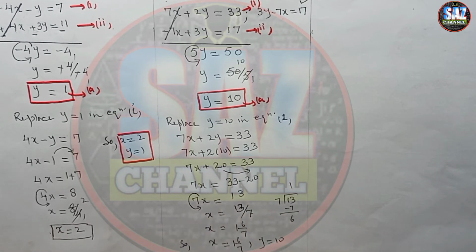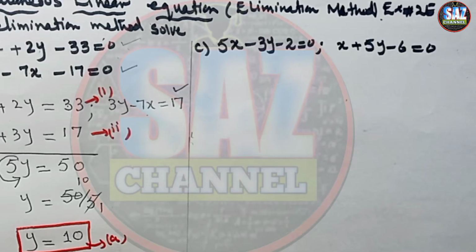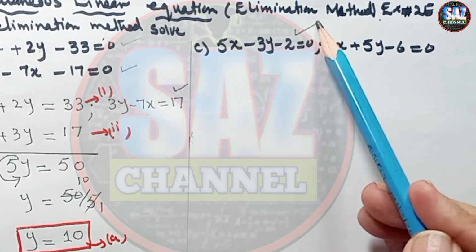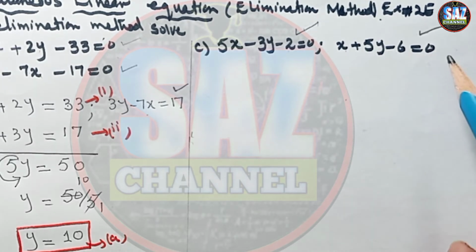I hope you are clear about this question, and let's quickly move to the next part of the question. Let me compare the question from the book. C part is 5x minus 3y minus 2 equals 0 and x plus 5y minus 6 equals 0.